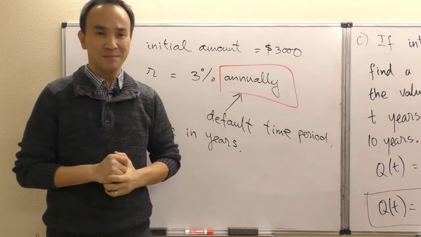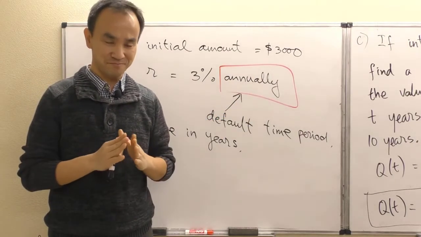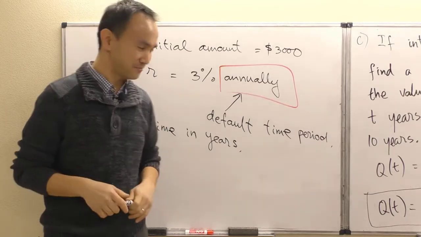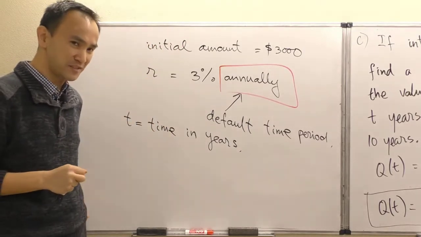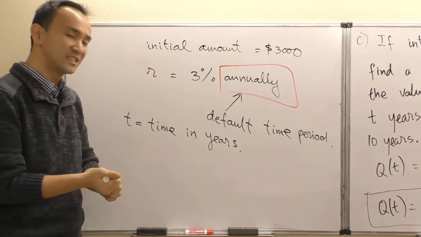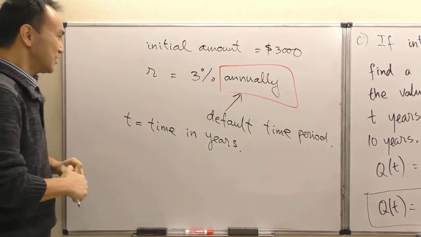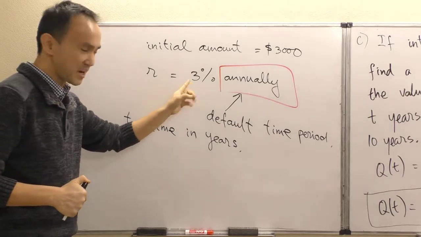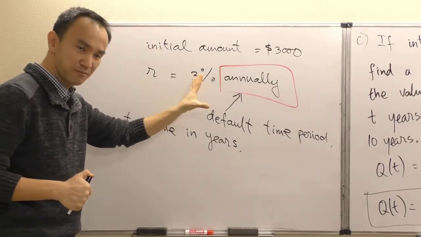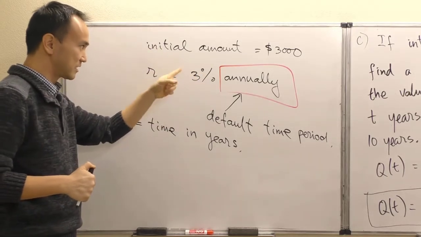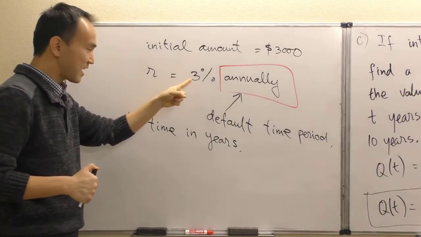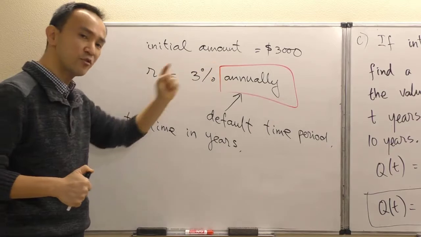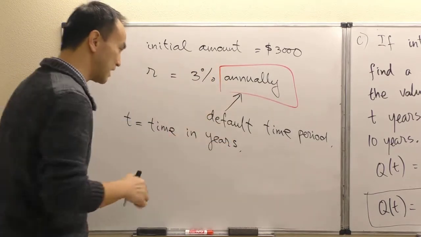Okay, but now after taking that understanding, allow me to take this problem from example 1 that we've done and head into another direction. So now this rate, right from the problem of example 1, is the interest rate calculated at being 3% annually. So annual is the default time period.